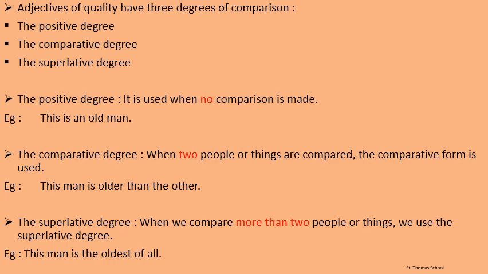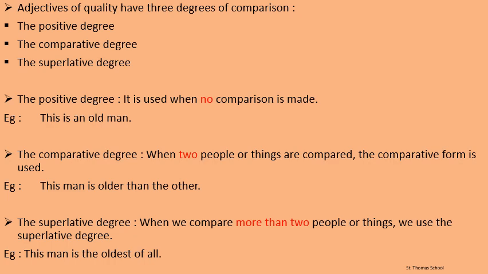When comparison between two people or things is being done, at that time we will use the comparative degree. See the example: this man is older than the other. Here the speaker is comparing two men, saying that one person is older than the other. So here a comparison between two old men is being done.